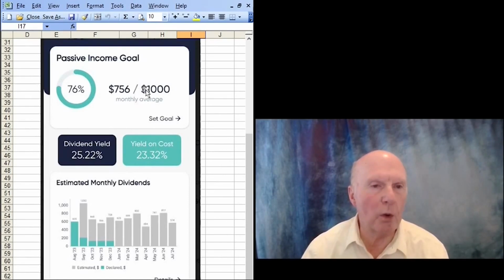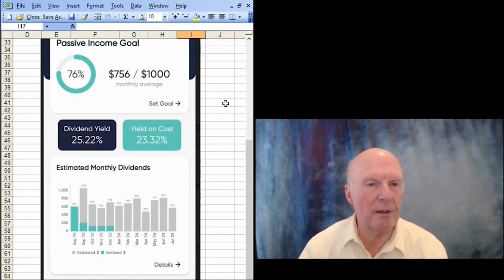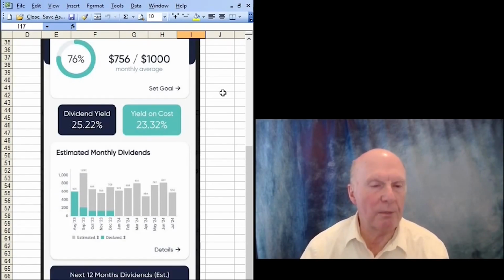Basically I set a goal of $1,000 a month, and this is saying I'm at 756, but I'm really not at 756 because I've still got a couple of my quarterly stocks in here, and that includes the dividends on them for the next year. So if I take that out, I'll be at my $600 or so for a year on what I've got as my monthly stocks.